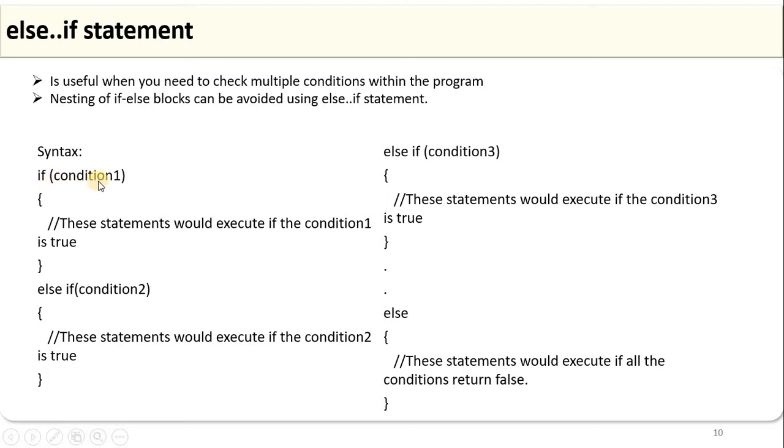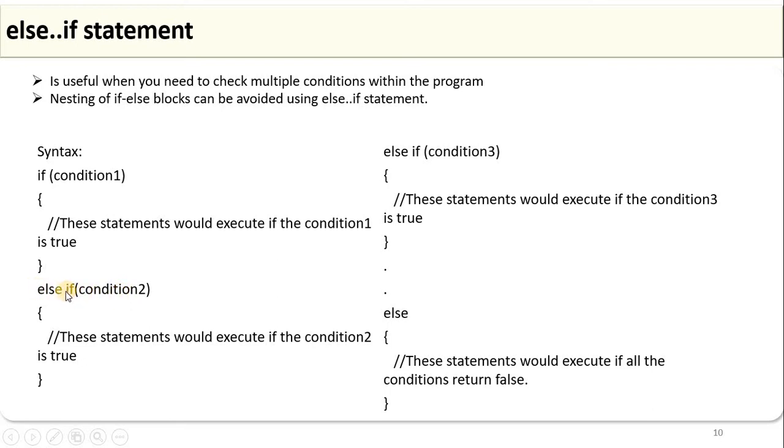Here, if condition 1 is true, it will come here, execute this, and go out of this complete control block. If this first if condition 1 is false, then it will come to the next else if block.